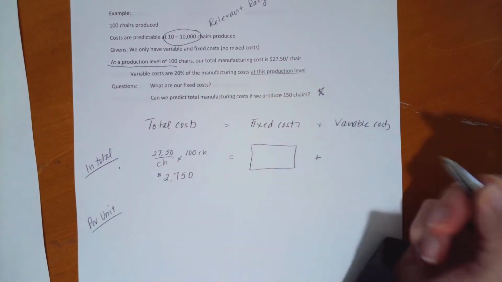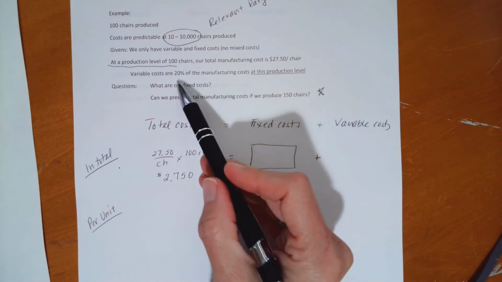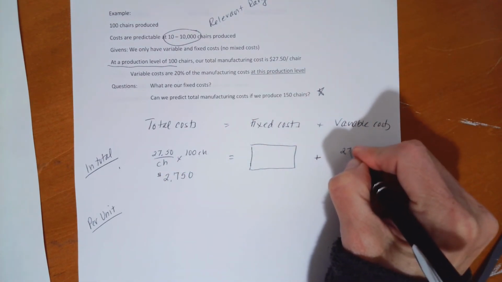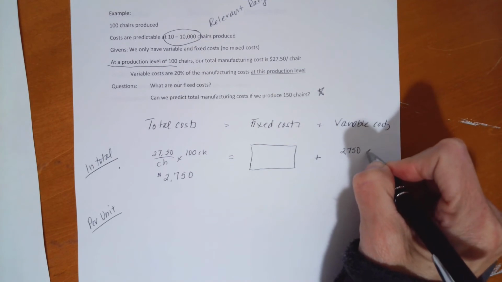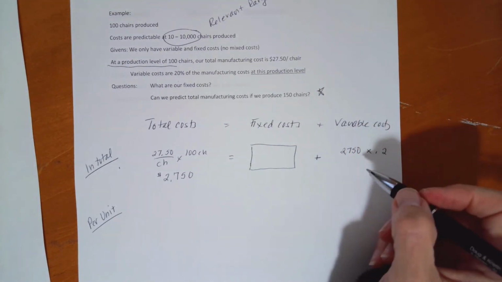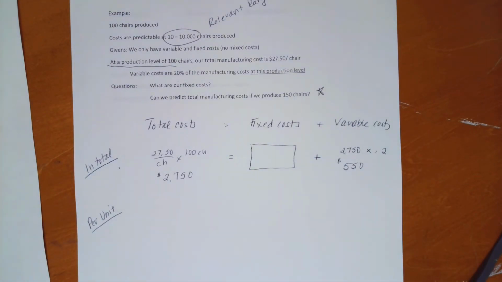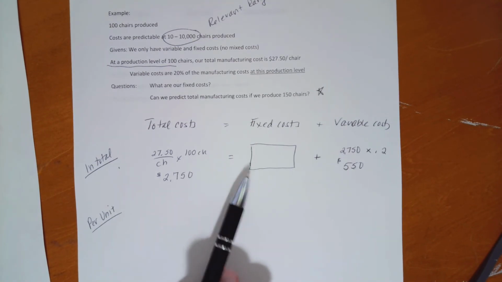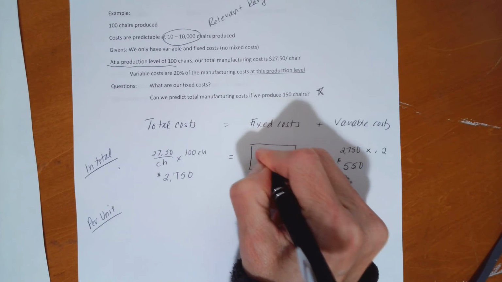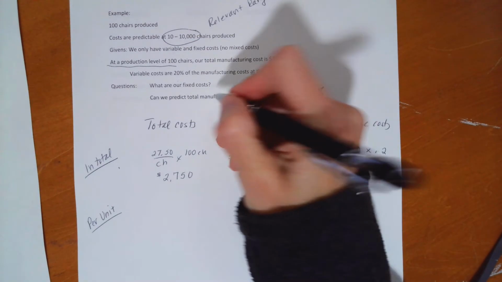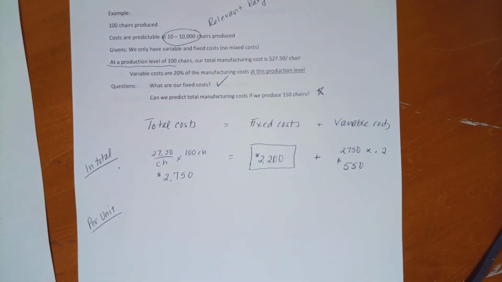And our variable cost, they tell us, are 20% of the manufacturing cost at this production level. So if $27.50 is our total, 20% of that, so times 0.2, tells us that our total variable costs are $550. Okay? So if I take the $27.50 and subtract the $550, it tells me that my fixed costs are $2,200.